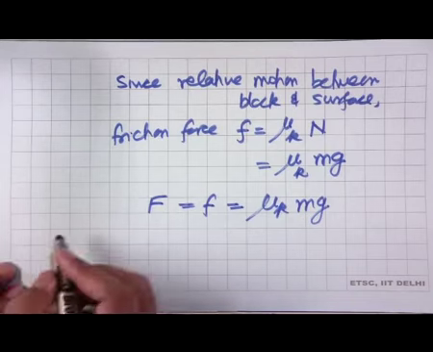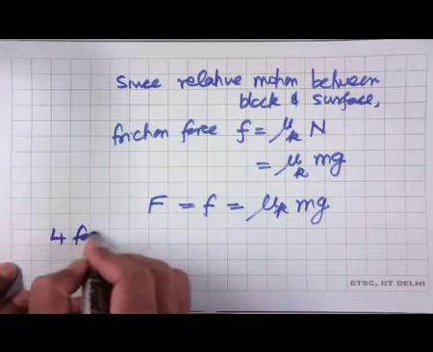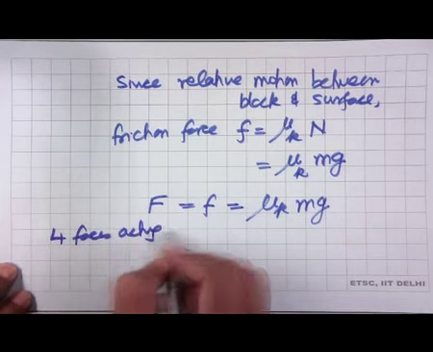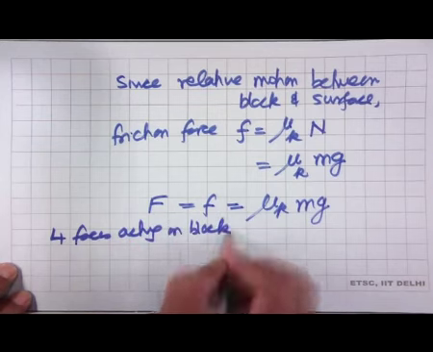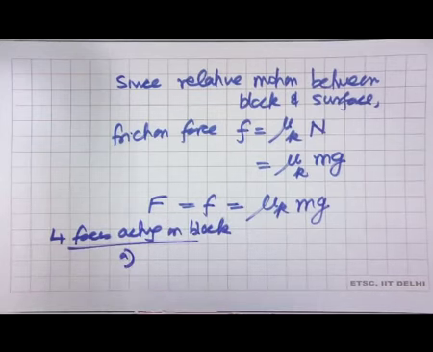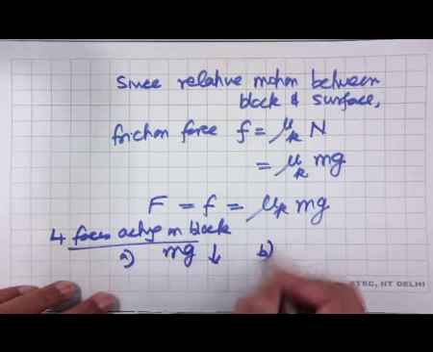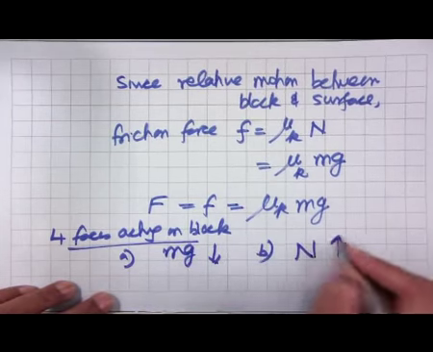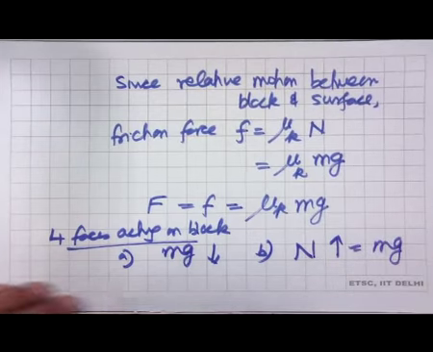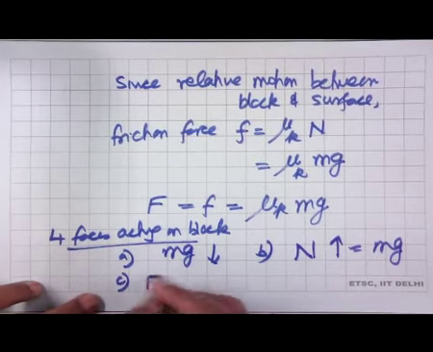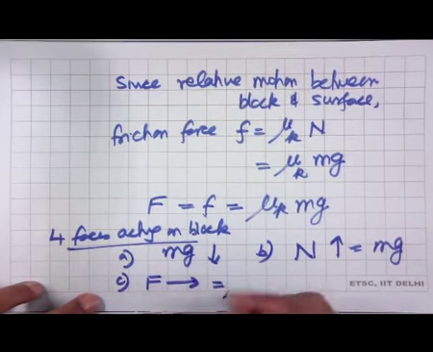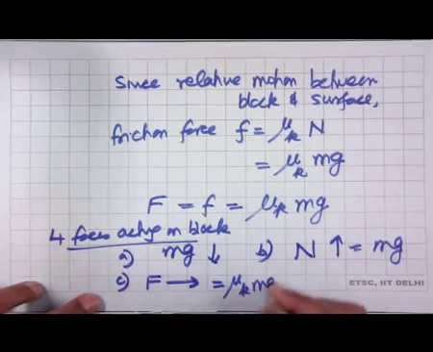So, that means in total we have 4 forces acting on the block. Let us list all of them. A, mg, which is acting downwards. B, the normal reaction, which is acting upwards and is equal to mg. C, the force F, which is applied in the forward direction and is equal to mu k times mg.